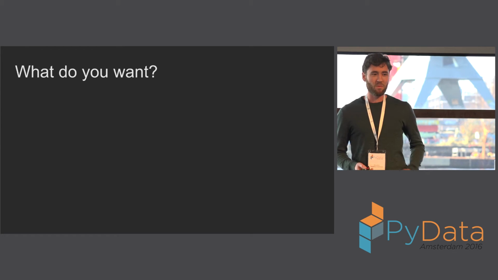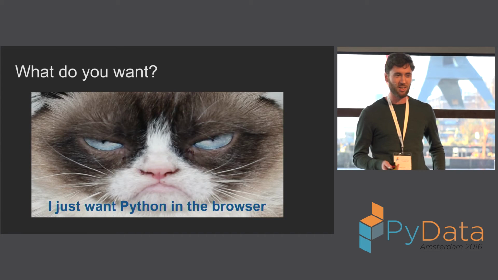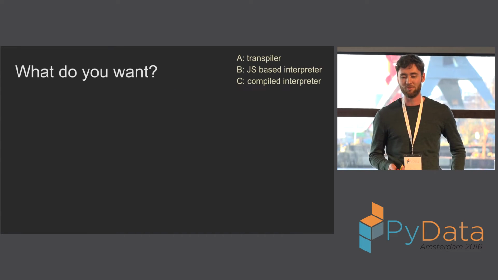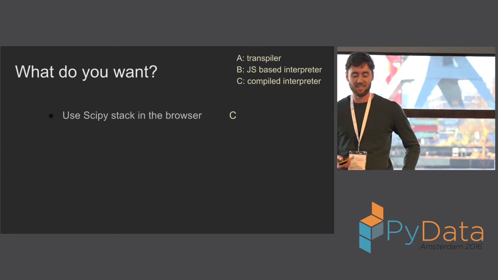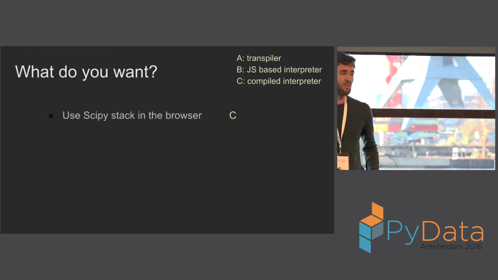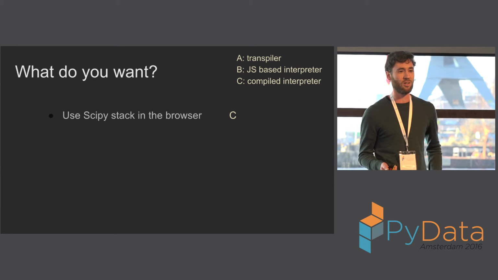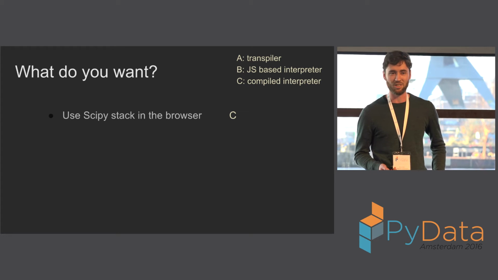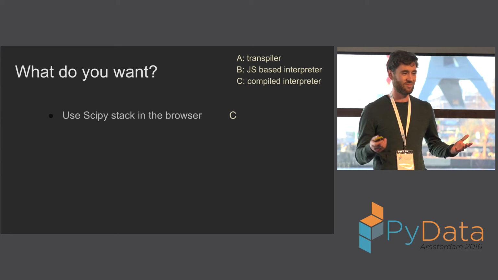So I think if you want to run Python in a browser, it's not enough to say, I just want to run Python in a browser. You have to be more specific. You have to ask yourself, what do you want? And it depends on the use case. So if you want to run the SciPy stack in the browser, the only way to go would be to use a compiled interpreter like PyPy.js, simply because there's no NumPy in JavaScript.